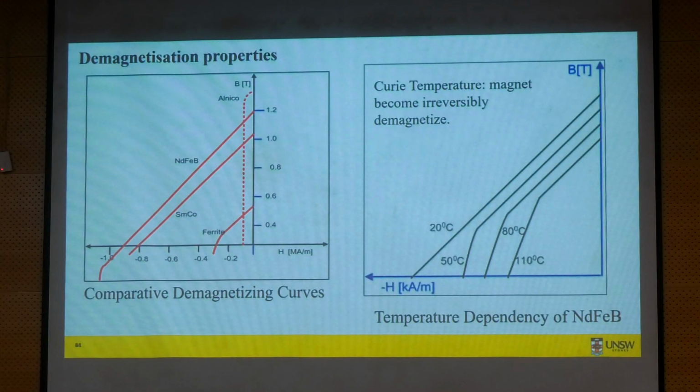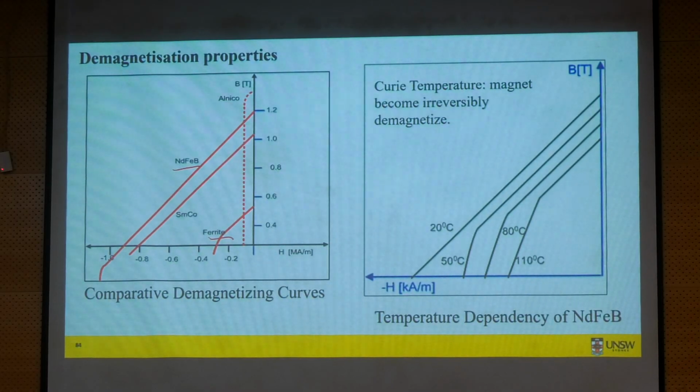Here you are seeing the effect of temperature and the demagnetization of various different materials. I talked about this before. If you compare neodymium with ferrite, you can easily see why ferrite demagnetizes so easily, right?